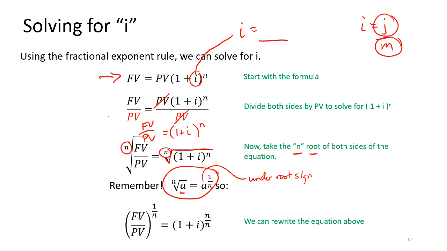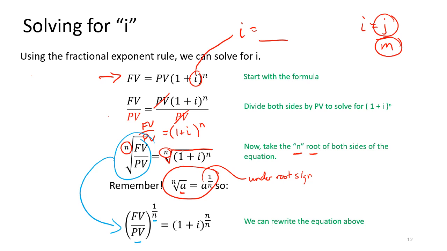So that means I can rewrite that equation using that formula. I've taken everything under the root sign, future value divided by present value, and raised it to the exponent of 1 divided by n.